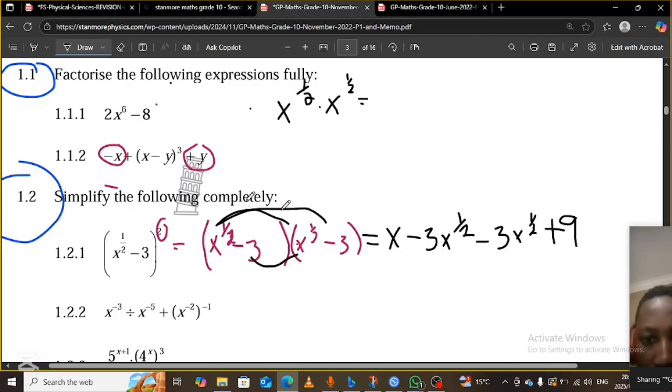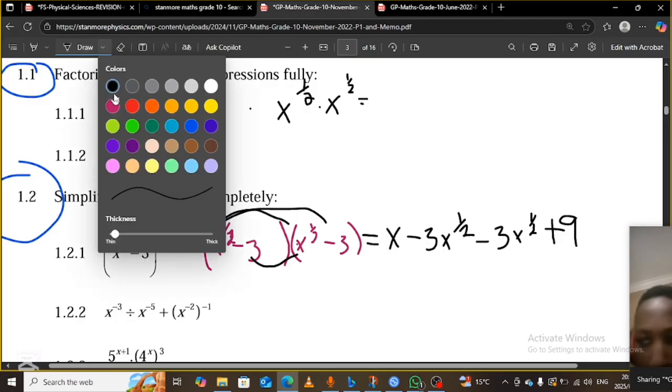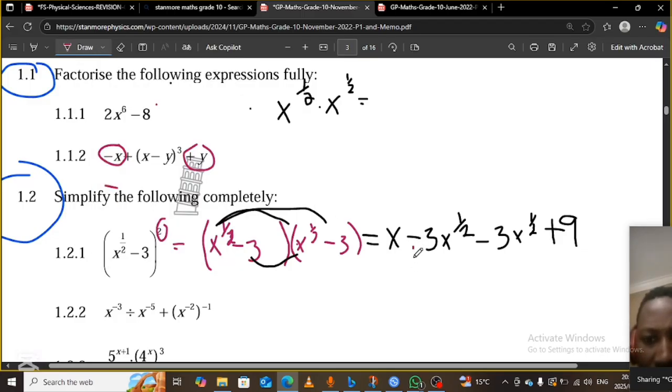And then now we're also not done. We can see like terms, right? Yes. So what is negative 3x to the power of 1 over 2 and negative 3x to the power of 1 over 2? We're adding them.